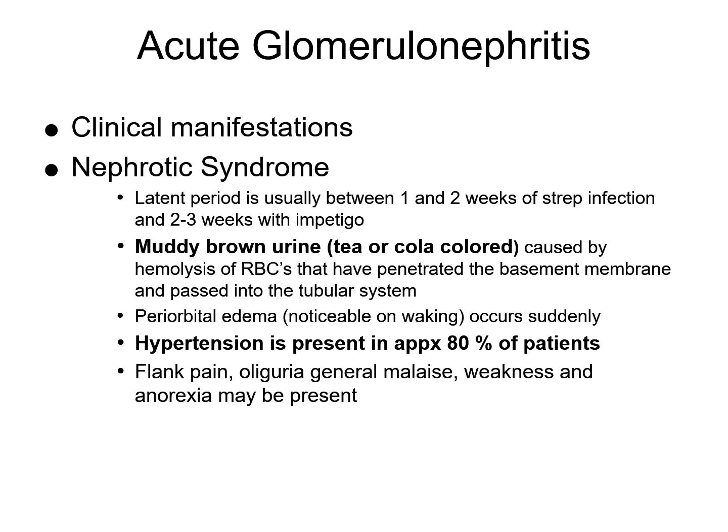This is caused by hemolysis of the red blood cells that should not be seen in your urine, but they have penetrated through the basement membrane and went into the tubular system. So that is a defect of the glomeruli. So that would be an indication that they have blood in the urine.